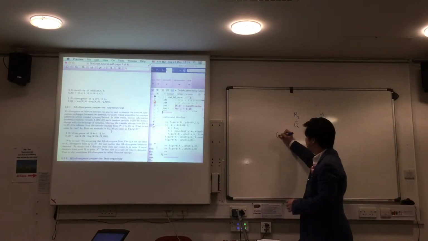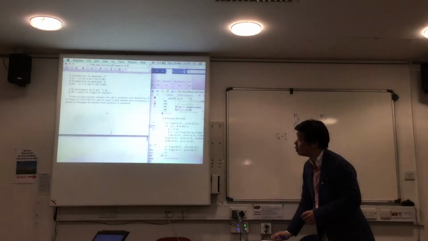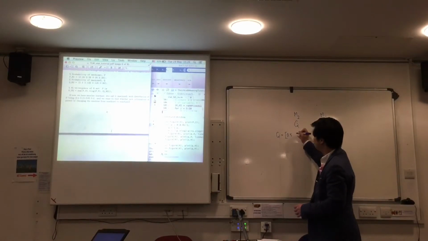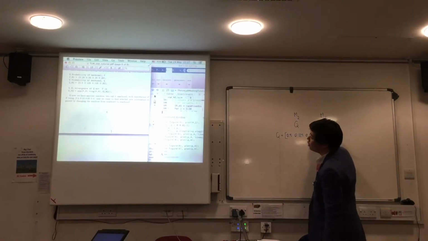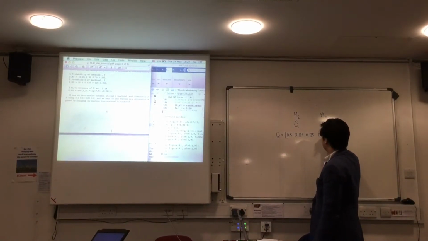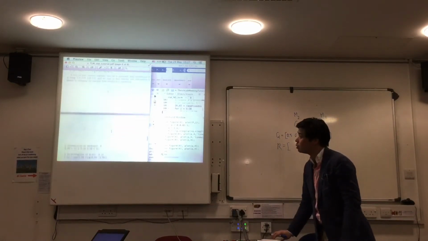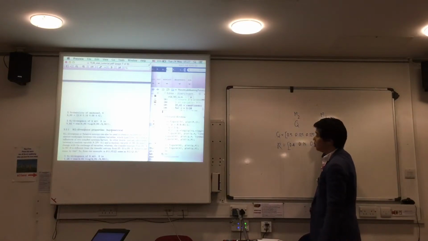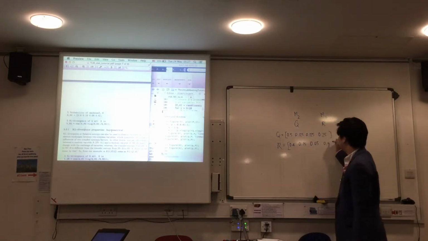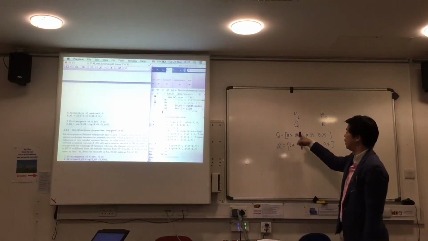The probability of Q would be, in this case, 0.5, 0.5, and that's 0.25. The probability of R again. So these are the probabilities of machine 2 and machine 3 in producing A, B, C, and D.